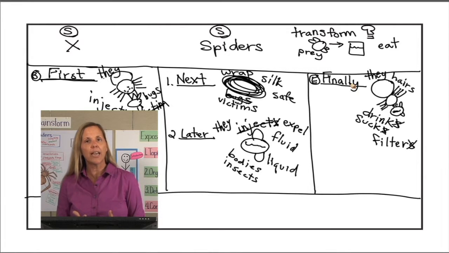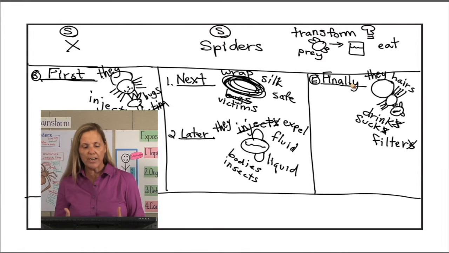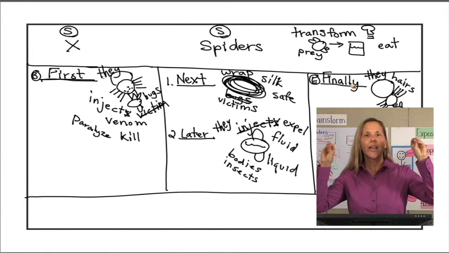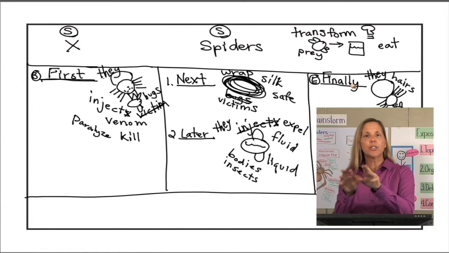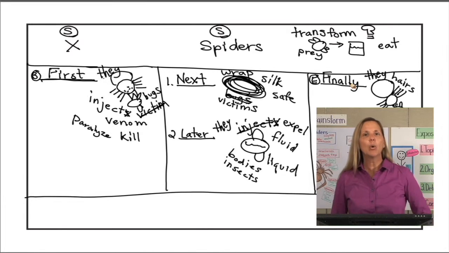Excellent details. They're all in order. We've added information as we've gone along. We've written keywords. We have our introduction, check. Spiders transform their prey from solids to liquids so they can eat them. We have our body where we sequence beginning, what happened in the middle.